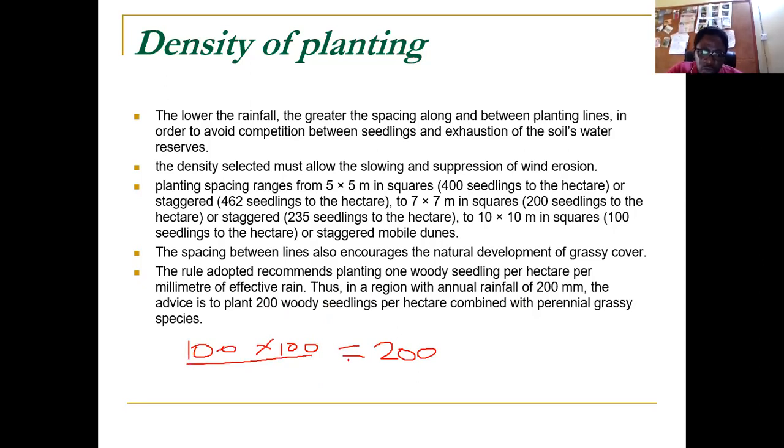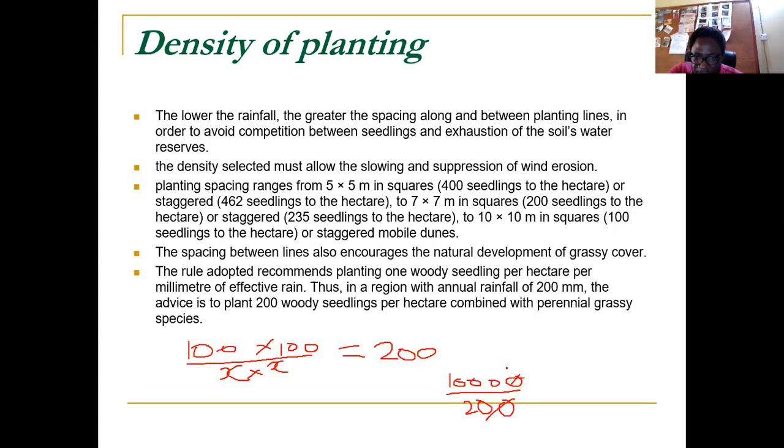So to get the spacing, let's say it is X times X. If you make X the subject of the formula, you then have 10,000, which is the size of the area of 1 hectare, divided by 200.